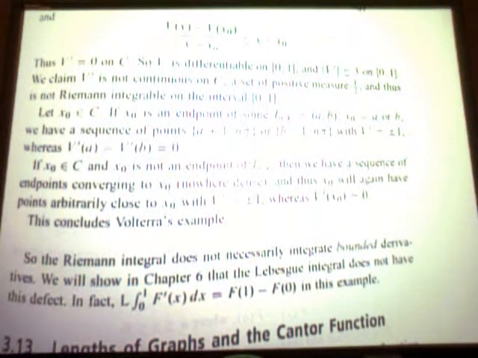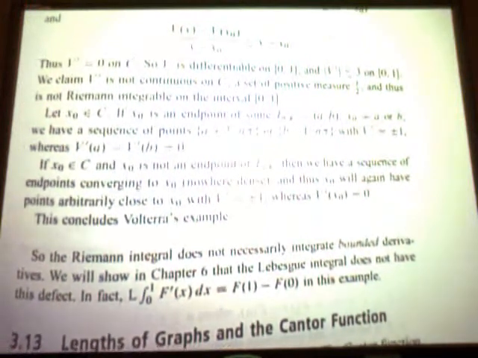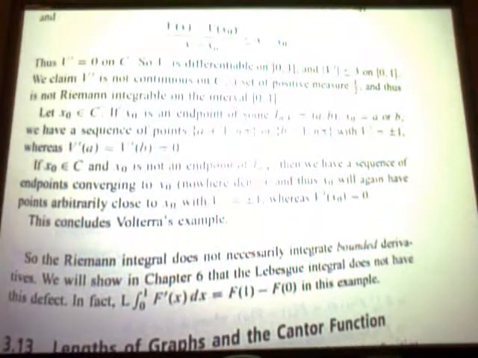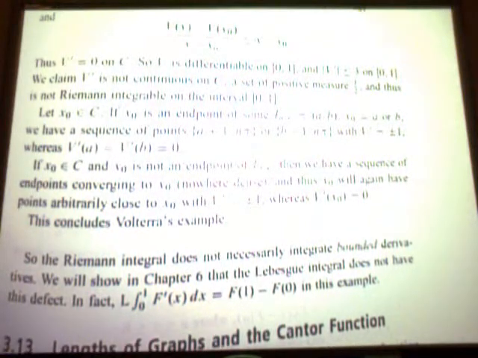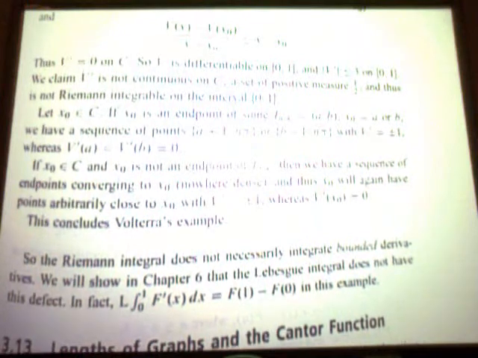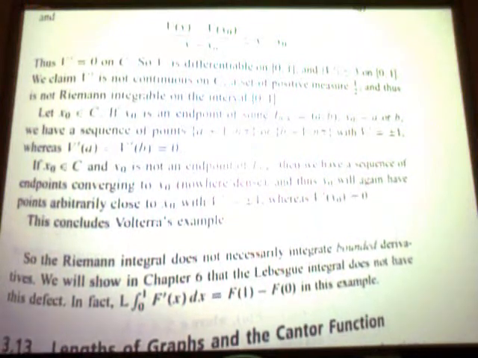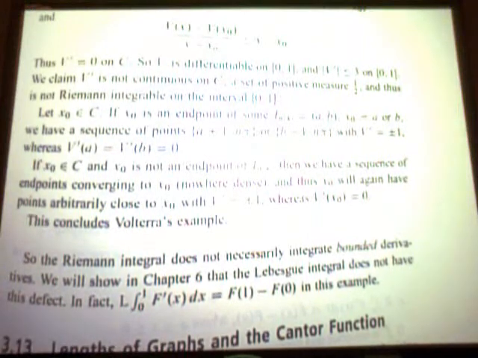You see how subtle these things are. For Pete's sake, all the great minds of the 19th century were looking at this, and certainly Riemann was no slouch of a mathematician, or Darboux. Volterra had a reputation of being a thorn in their side. He came up with all kinds of examples that showed how shaky the theory was.